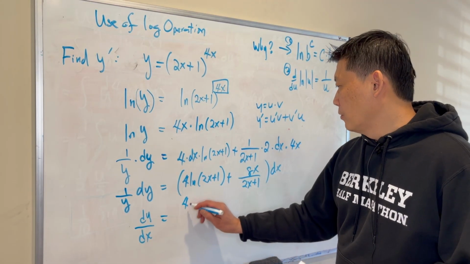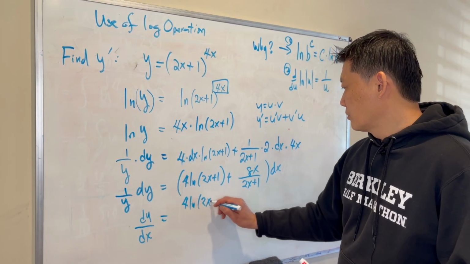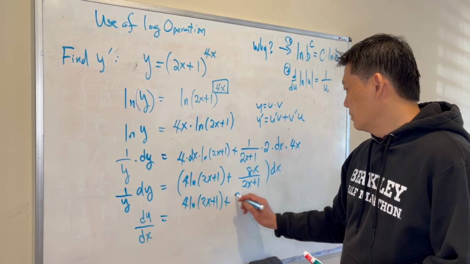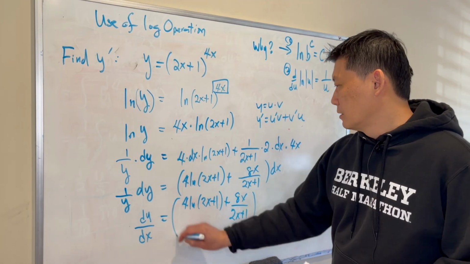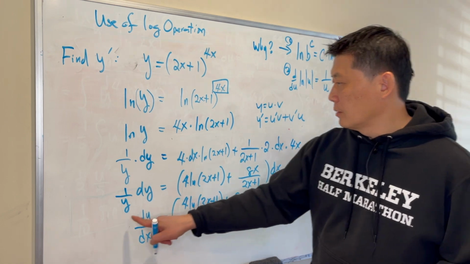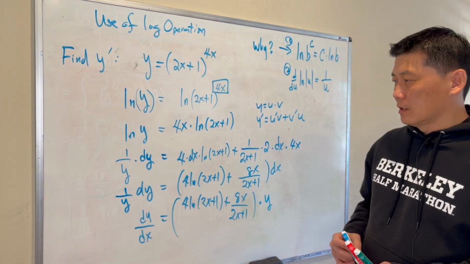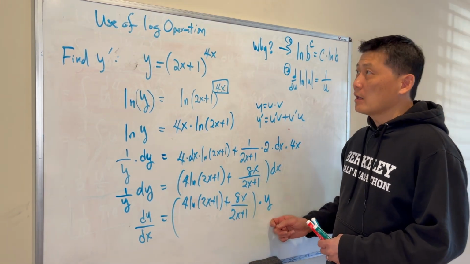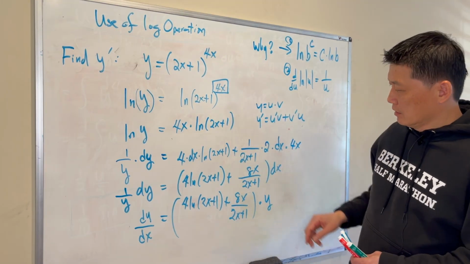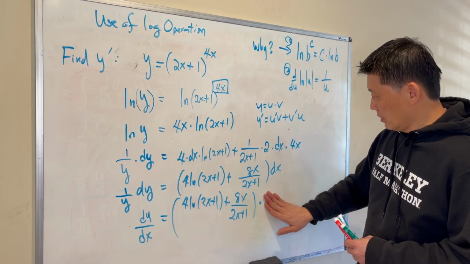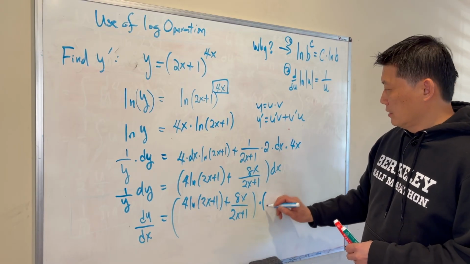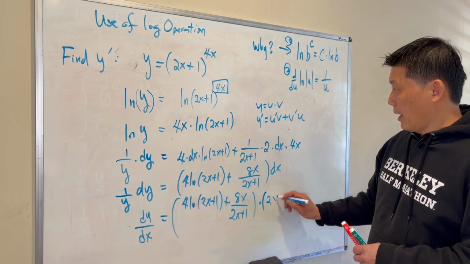I got 4 ln(2x + 1) plus 8x over (2x + 1). And then I can multiply by y. But what's y? Well, y was defined as (2x + 1) to the 4x. So I can go ahead and multiply and substitute the original function back.